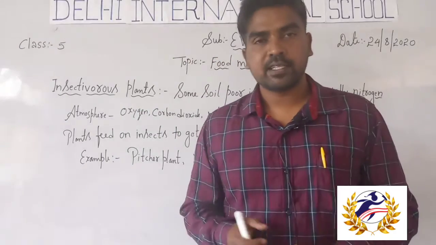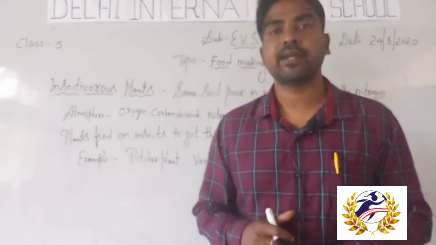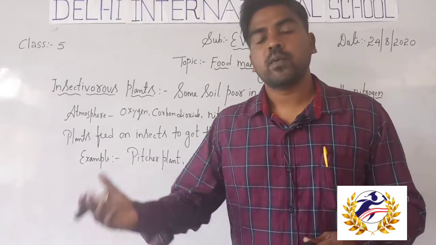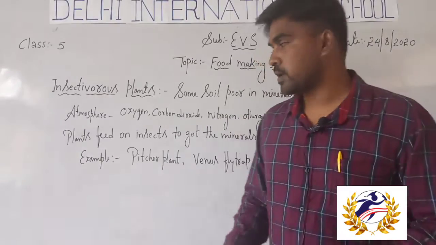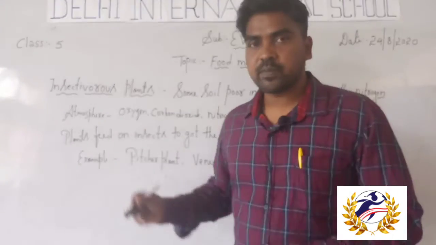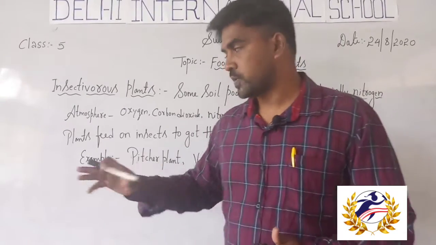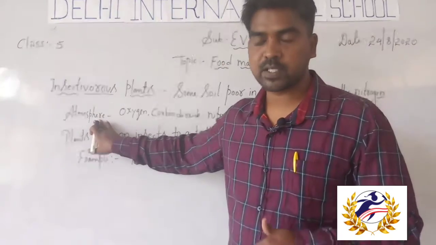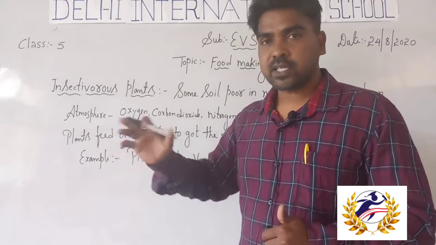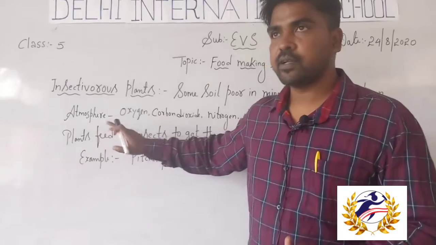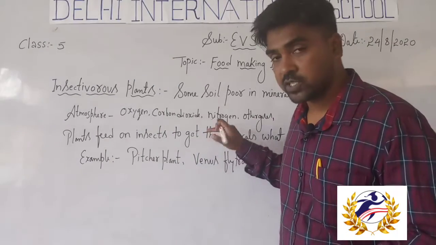Every living organism, including animals and us also, needs nitrogen. Sometimes we take nitrogen indirectly. So what do you mean by nitrogen? Nitrogen is a gas which is present in our atmosphere. Atmosphere means a layer of gas. Our entire earth is surrounded by the atmosphere. In our atmosphere there is oxygen, carbon dioxide, and nitrogen is dominating.